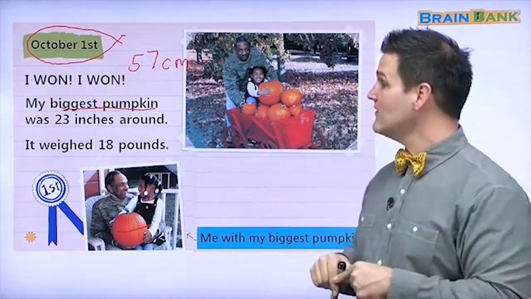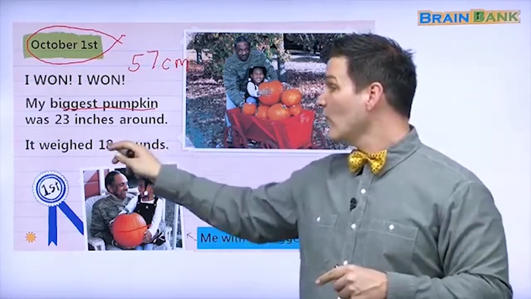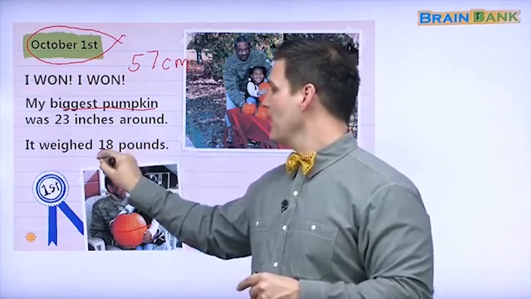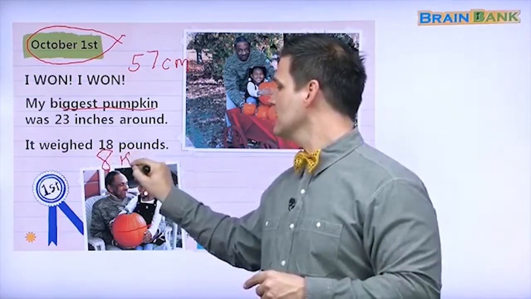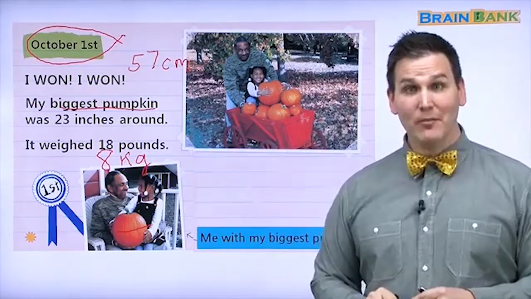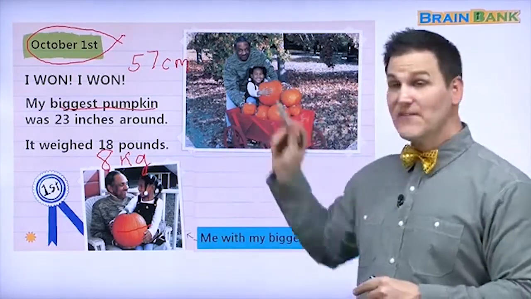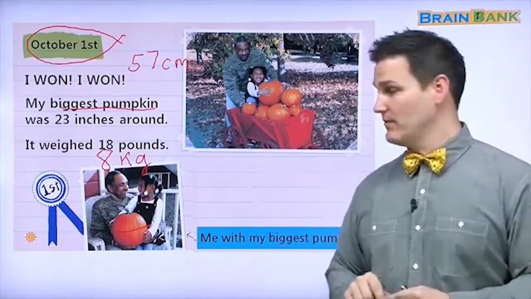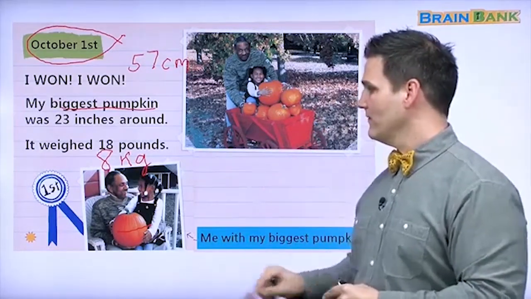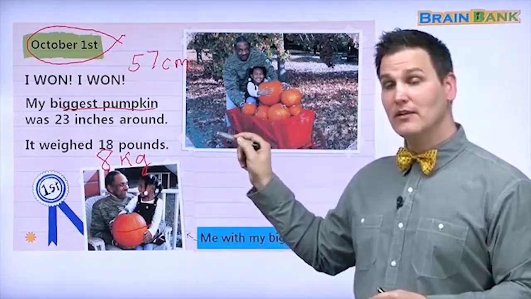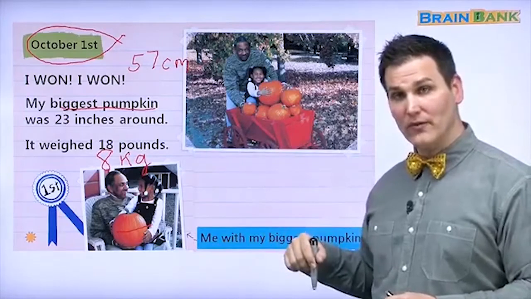And it weighed 18 pounds. That's about 8 kilograms. That's a pretty big pumpkin. 57 centimeters around and 8 kilograms. Wow, she got first. So Granddad's pumpkin will be smaller.